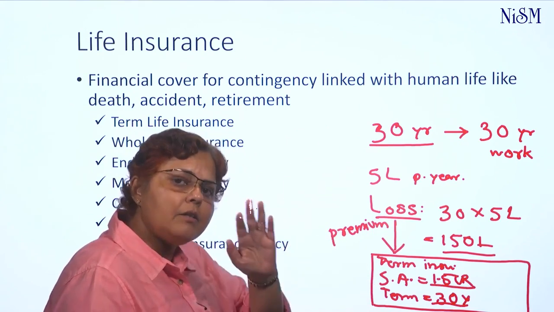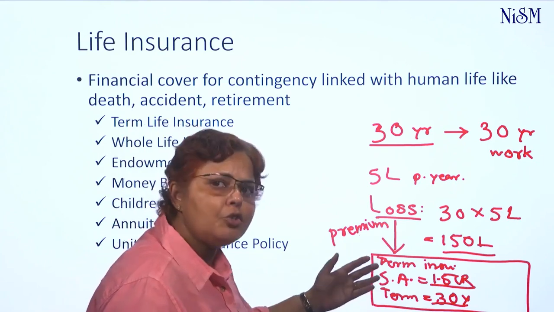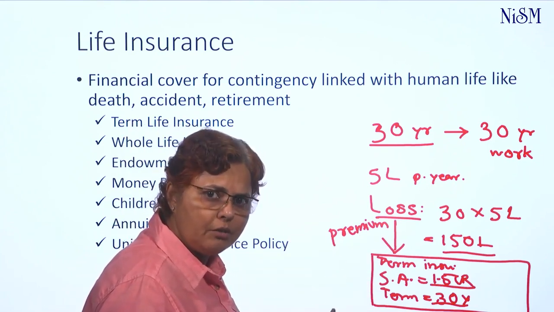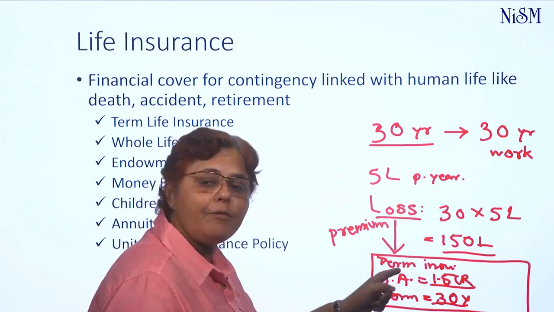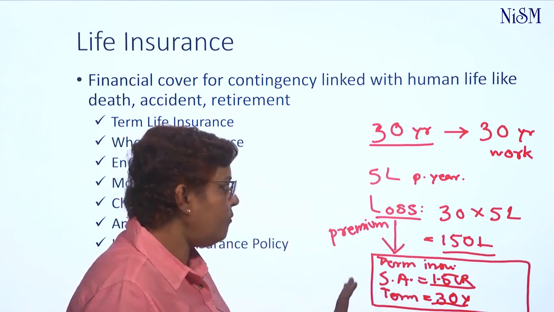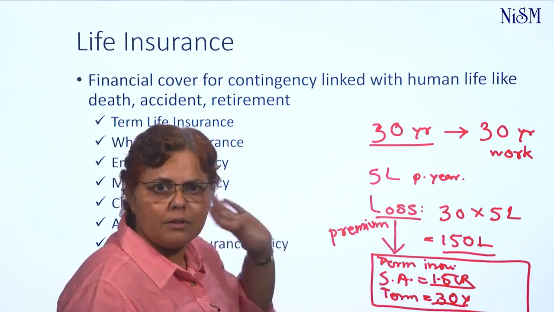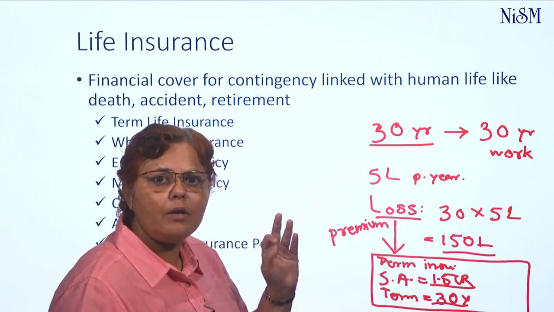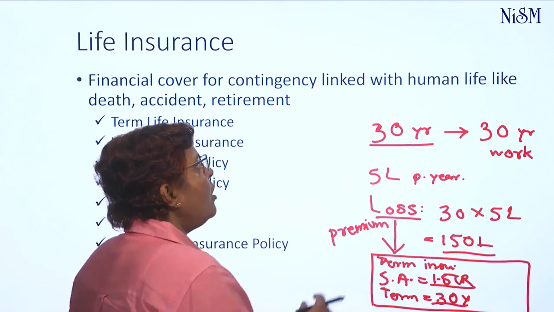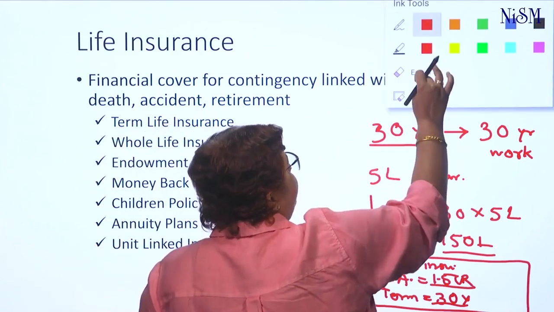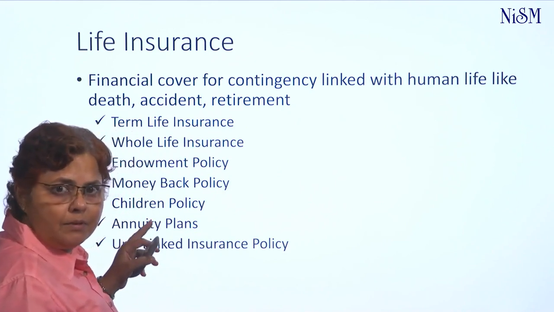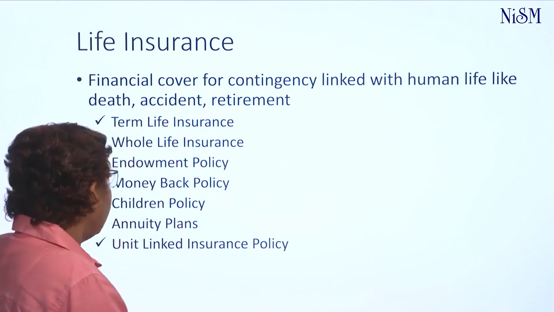In return, the insurance company will assure him that, don't worry, if something happens to you during these 30 years, we will pay 1.5 crores to your family. That is the meaning of term life insurance, which is a pure insurance product. Now, when I say pure insurance product, what is the meaning of it? Let us come to other insurance types and we will come to know about it.